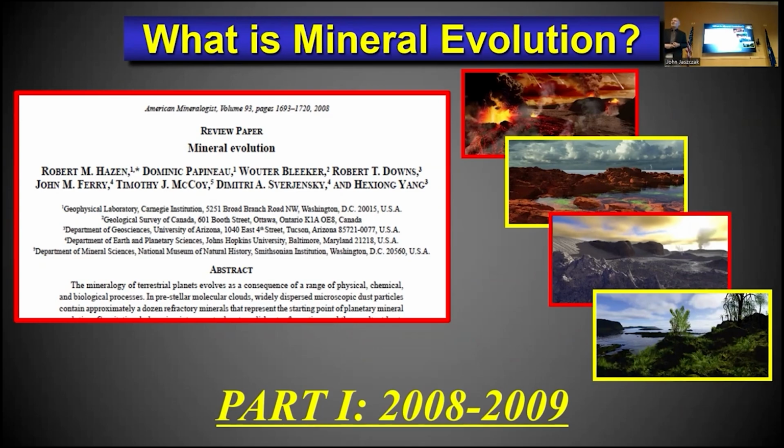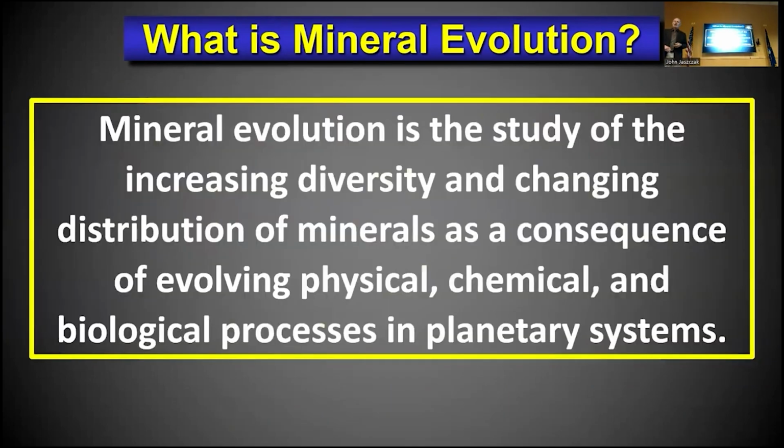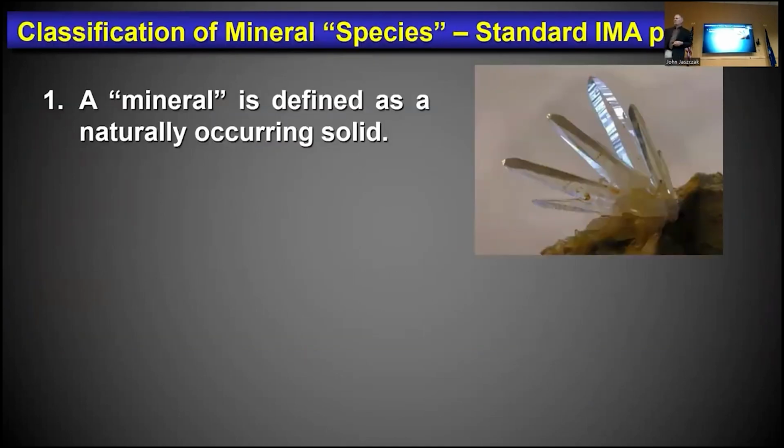The earliest part was very qualitative. It was a story of the increasing diversity and the changing distribution of minerals at Earth's surface. And so you look at Earth and you see new chemical processes, new physical processes, and ultimately new biological processes that created new kinds of minerals. Now, I'm going to use the term mineral species tonight.